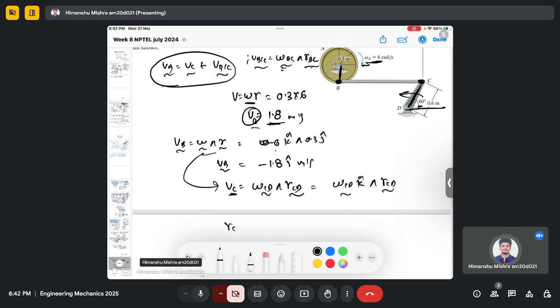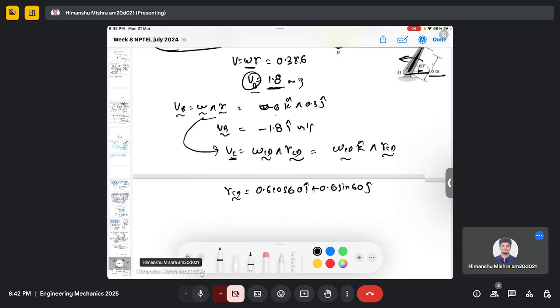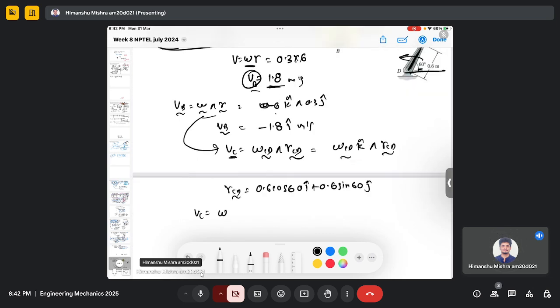So my RCD will be 0.6 cos 60 in the i direction plus 0.6 sin 60 in the j direction. So my VC will be omega CD cross 0.6 cos 60 i plus 0.6 sin 60 j. So this will be my omega CD vector.